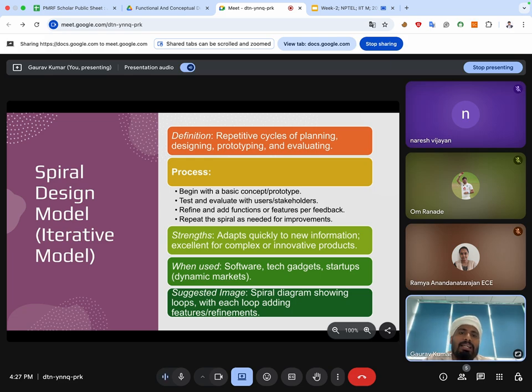We can take the example of ChatGPT, right? They initially start with very basic models, then they update. So the advantage is you get continuous feedback, reduce big failures, and improve step by step. Instead of planning everything up front, you learn by doing, right?